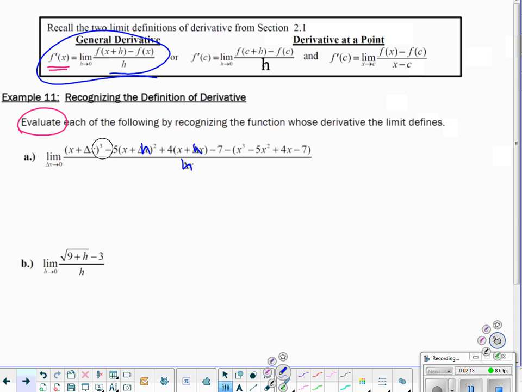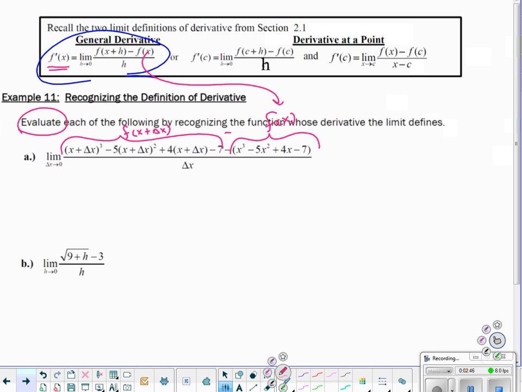So delta x or h, it doesn't really matter, just different variables used, right. Some textbooks write it using delta x. Our textbook chooses to write it using h. Now, what I want you to notice is that all of this really is f of x plus delta x, and then I get the minus, and this portion here is f of x.